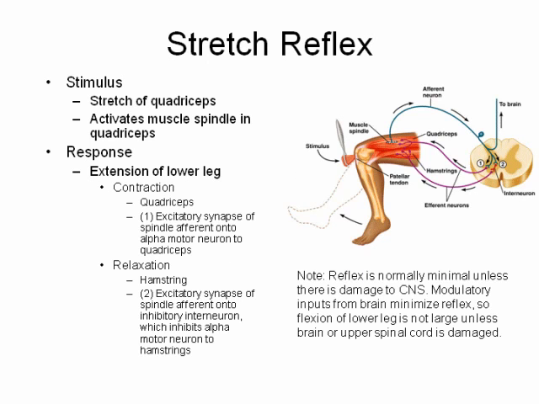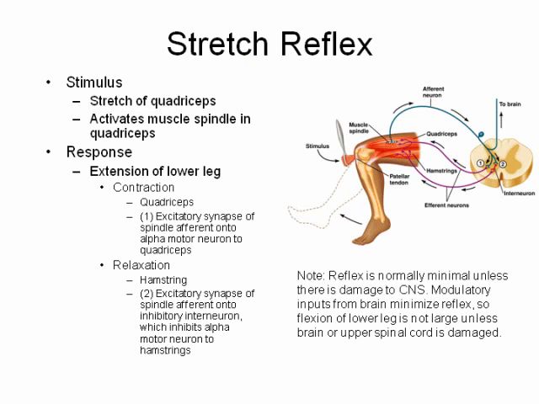So look at the stretch reflex. The stretch reflex, first of all, is a response to stretch, in this particular case, of the quadriceps. This is also sometimes called the knee-jerk reflex because, in fact, it elicits a jerking motion when we tap on the knee.